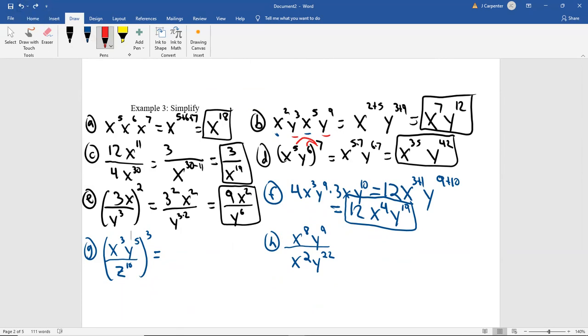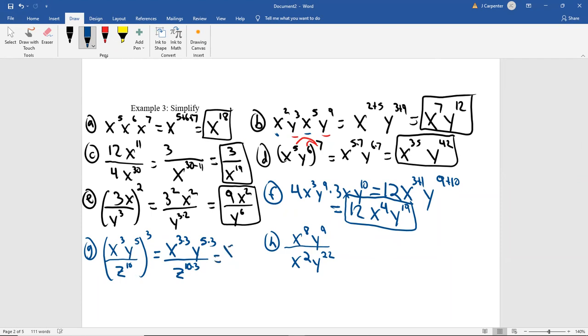Yes, it feels like we're going to distribute this 3 to the 3, the 5, and the 10 for all of these bases inside. And distribute means multiply. So we get x to the 3 times 3, y to the 5 times 3, and z in the bottom to the 10 times 3.